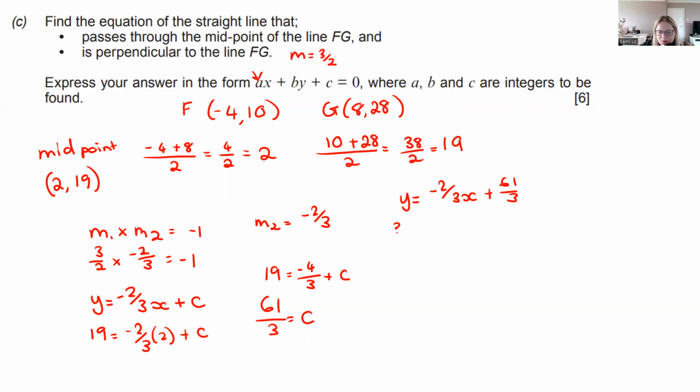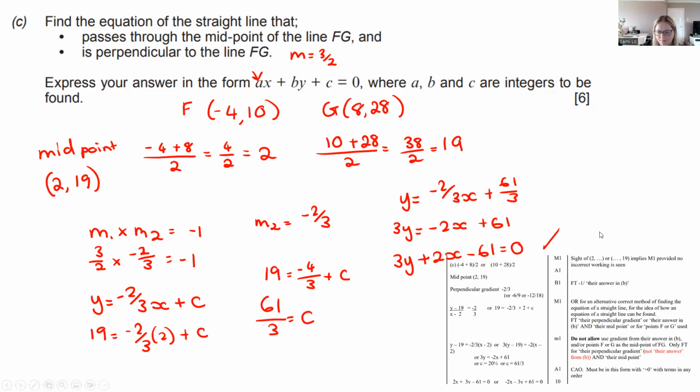So that's going to give me 3y equals -2x plus 61. Now I'm just going to change them. I'm going to put it all over to the one side where it says they're positive. So 3y plus 2x, and that would become -61 equals 0. And it's in that format. They're all integers. There's no fractions, so I can say I'm done.